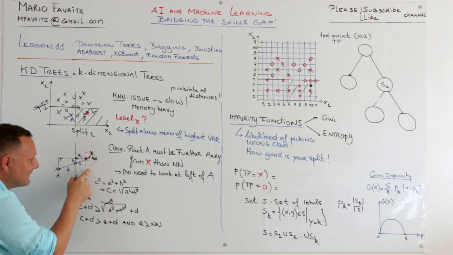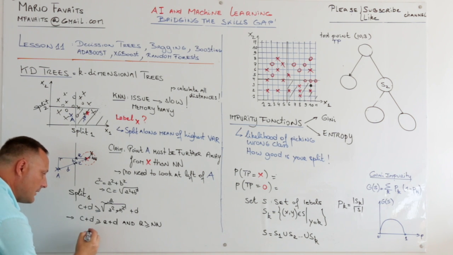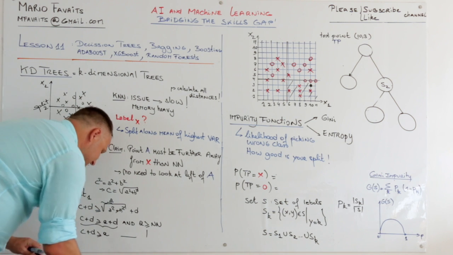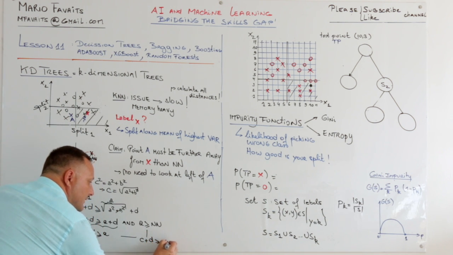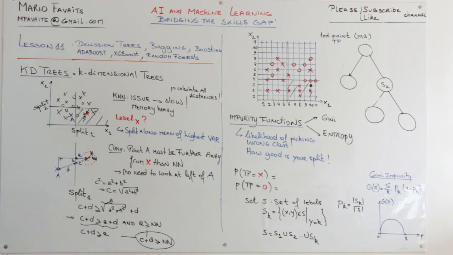And we said the nearest neighbor is on this side. So this one here means that C plus D is larger or equal than A. And if I combine these two, then we see that C plus D is larger or equal than the nearest neighbor. And that's exactly what we wanted to prove.